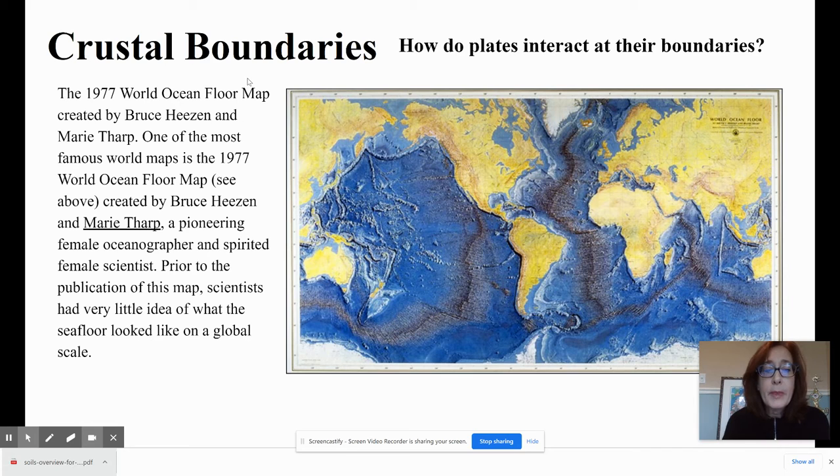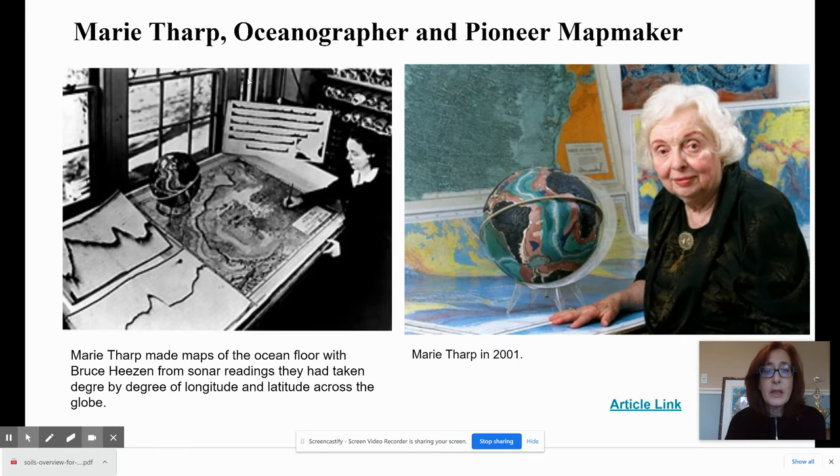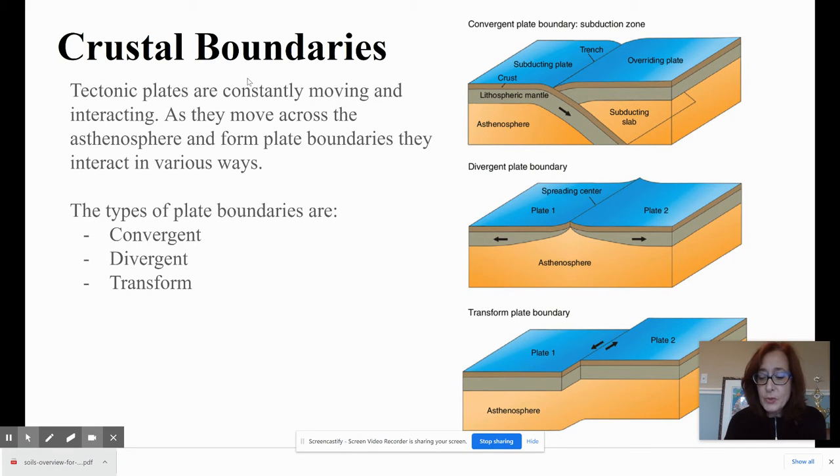She was an oceanographer, and she helped to map the ocean floor. This is the most comprehensive map to date of the ocean floor and what it looked like on a global scale. This is her then and now. I can't spend too long on that, but she was not allowed on the boat to take the measurements. She stayed back in the lab and recorded everything and drew the map.